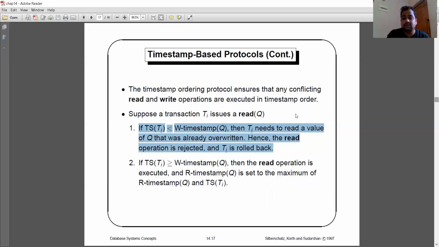So if the timestamp of transaction TI is less than the write timestamp of Q, what is the exact meaning of this?